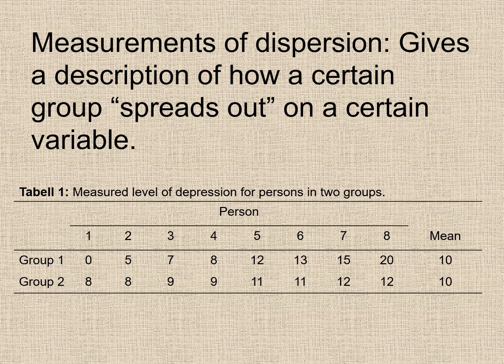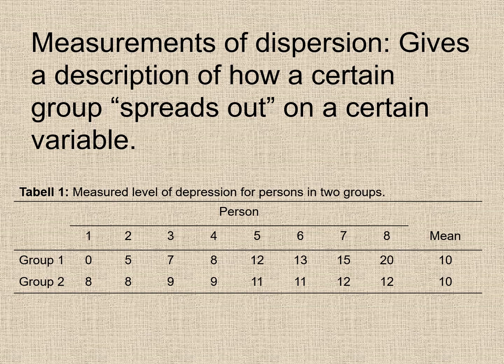But we see that's not the whole truth. In group 2, the individuals vary between 8 and 10, so they are very tightly grouped around the mean of 10. While in group 1, we have variation from 0 to 20, so you have much more dispersion in group 1 than in group 2.